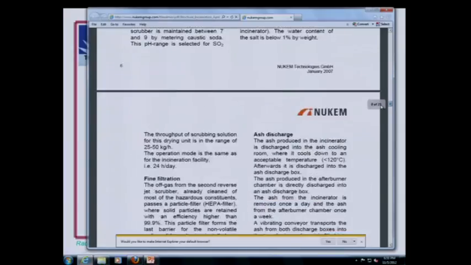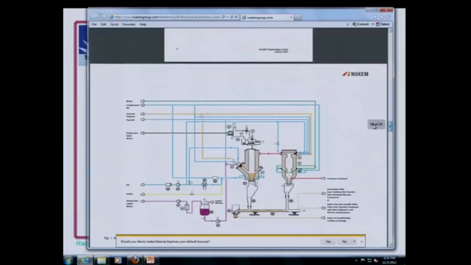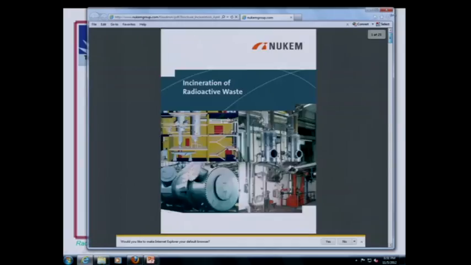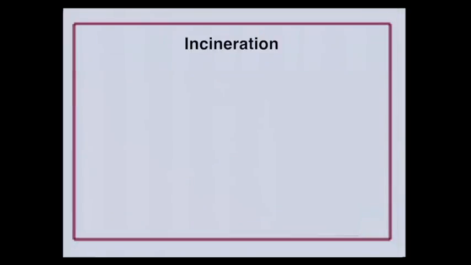It has a drawing so you can kind of see what goes on during the incineration process. It's a little bit more technically involved than a trash can sitting out back, as you might expect. But you can look that over, it gives you some idea of the technology that's involved with it.